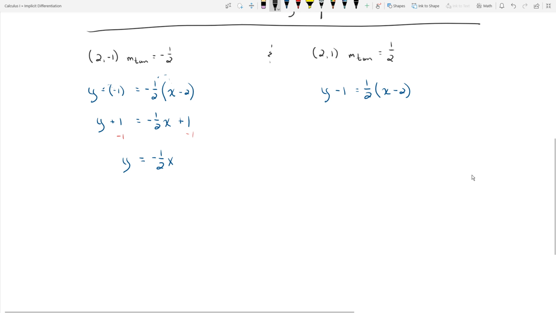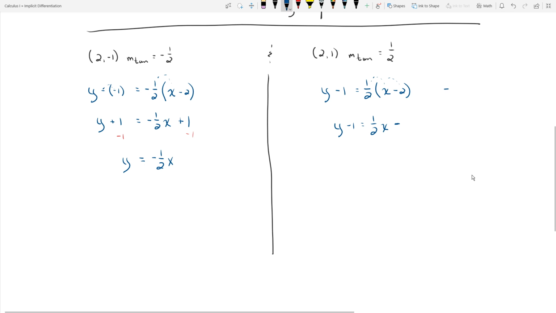And for the second point, again, it's just basic algebra. We're going to carry the 1/2 through to each term. So we have y minus 1 is equal to 1/2 x. And here we end up again, in this case, with a negative.